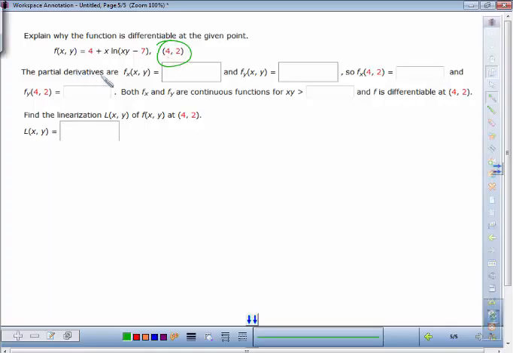So they want a couple of things. What they didn't have here, and one of the first things that we need, is the z component of this point. I'm noticing that they didn't ask for it, so let's do it right here. This is f without an x or y subscript, so I'm using the original function. f of 4, 2 is this function when I put 4 and 2 in, right? 4 plus x is 4, ln of x is 4, y is 2, minus 7.